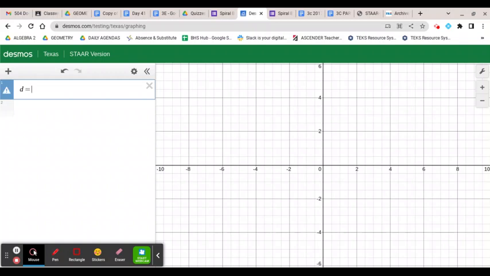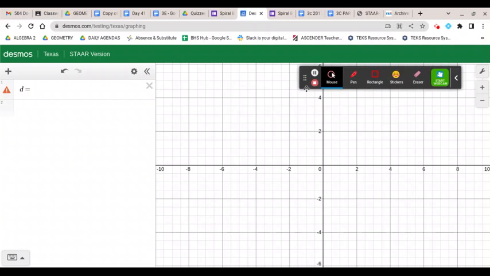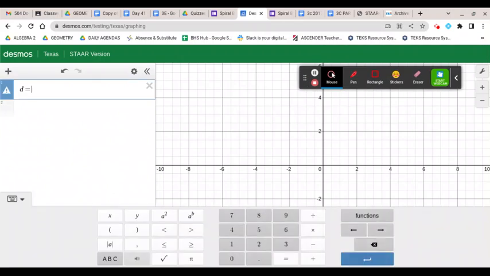Distance equals, and if you recall, a big square root of (X2 minus X1) squared plus (Y2 minus Y1) squared. We'll plug that formula in just like that. Pause the video if you need to, go into Desmos, and make sure you copy that down the way it is.